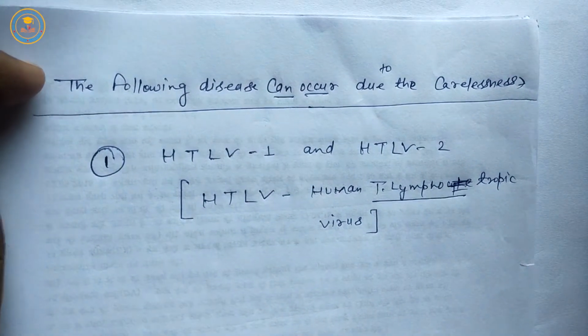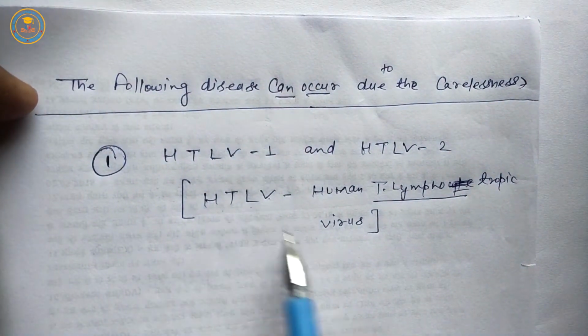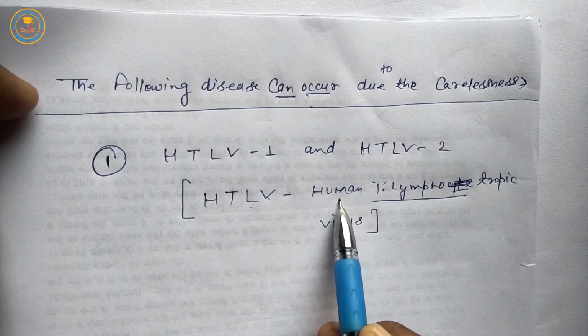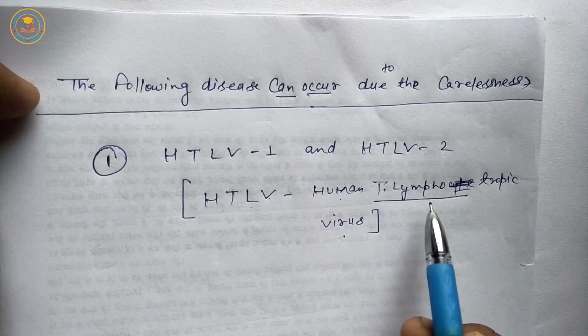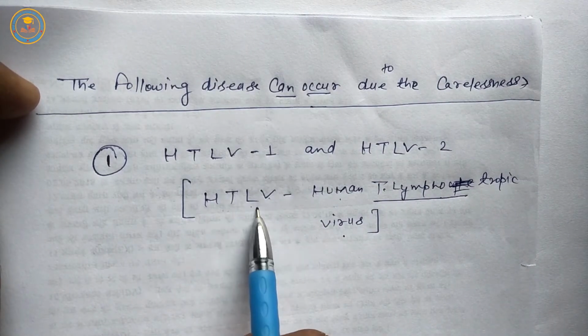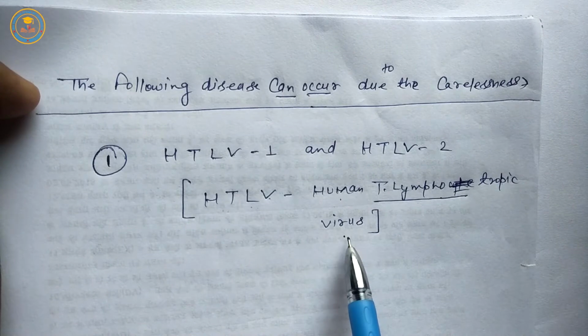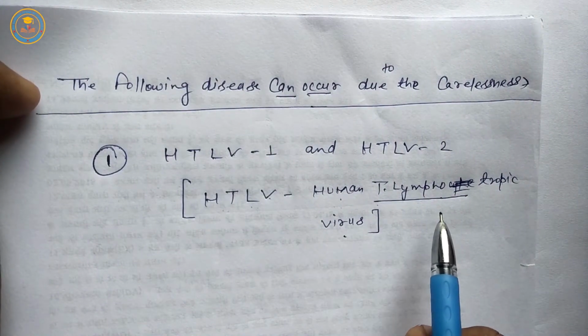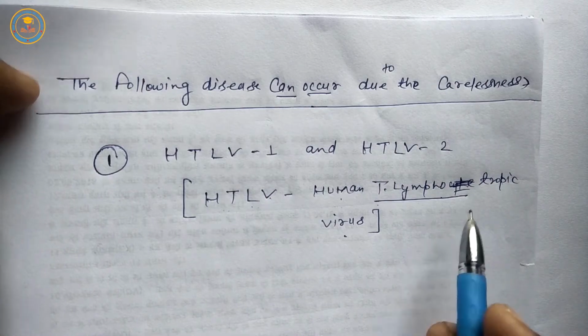Once again, HTLV is a viral disease that infects humans, mostly T lymphocyte cells. HTLV first and second are viral diseases. They infect humans' T lymphocytes, WBC.